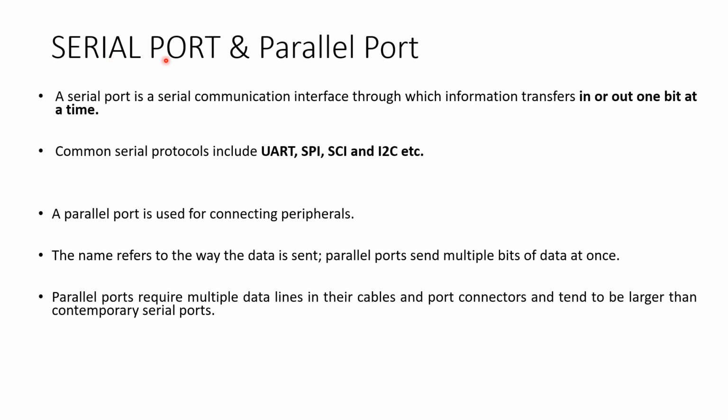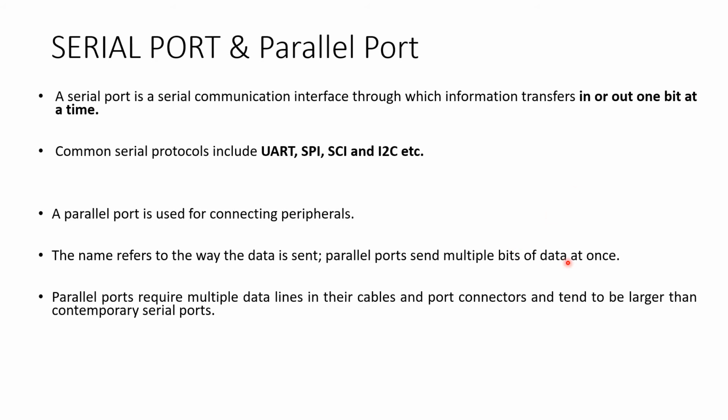Again, we will be having both serial ports and parallel ports. The serial port is for serial communication, and in serial communication we transfer only one bit at a particular time. The common serial protocols are UART, SPI, SCI, I2C, etc. And in parallel communication, we can send multiple bits of data at once. That is the basic difference between a serial port and a parallel port.